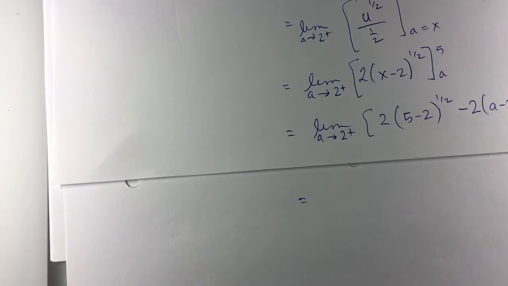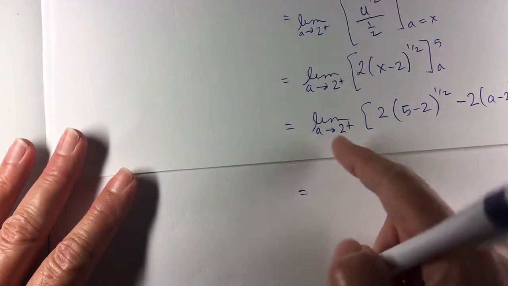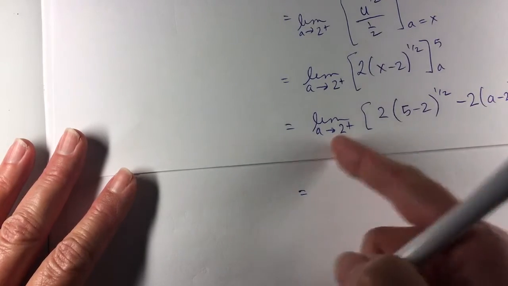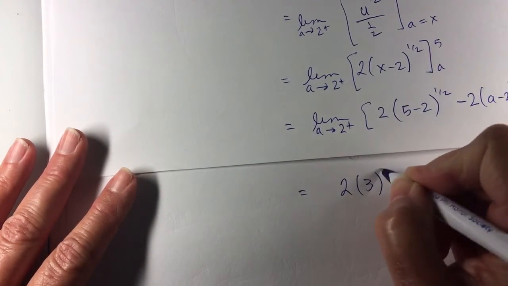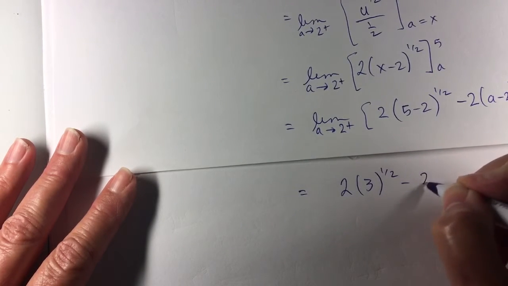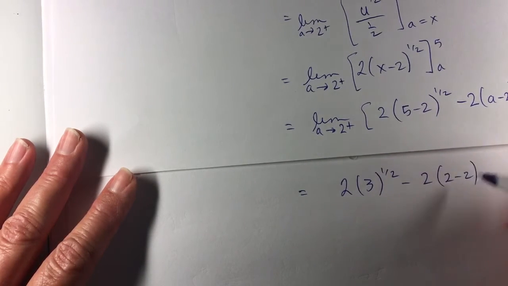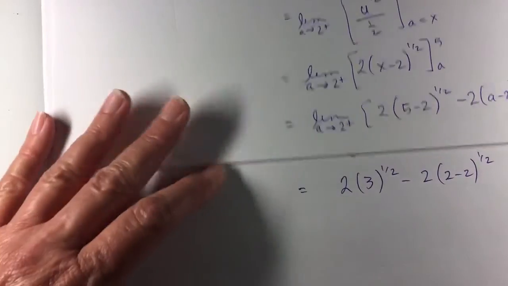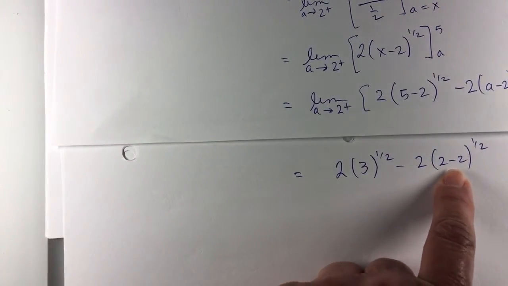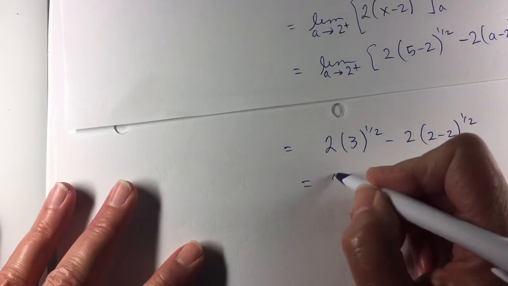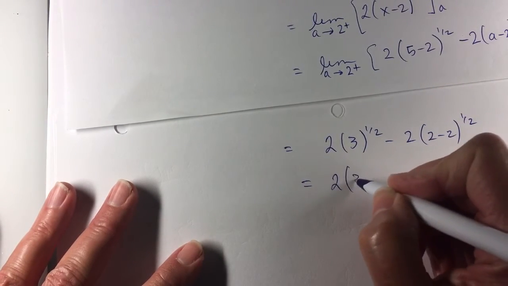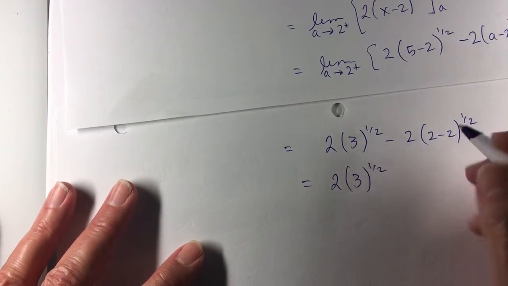I'll get something that makes sense. Once I plug in the 2, I'm done with the limit. This is 2 times 3 to the 1/2 minus 2 times 2 minus 2 to the 1/2. This part is 0, so the answer is 2 times 3 to the 1/2.